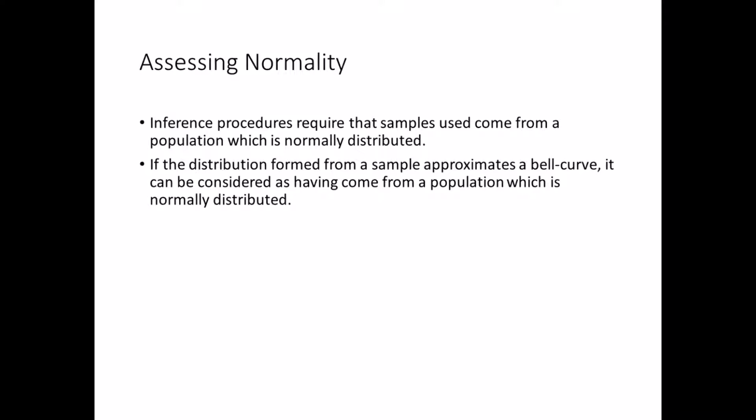So it's just reasoning from the general to the specific to the general. And so we need a way to figure out if our data set actually is normal so that we can tackle estimation and tests of significance.